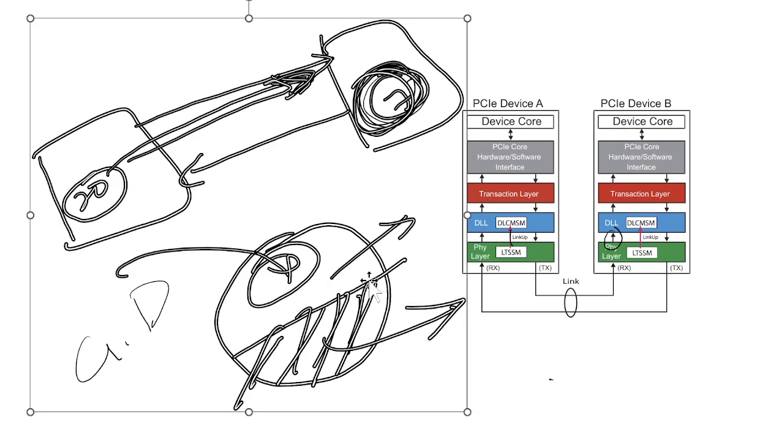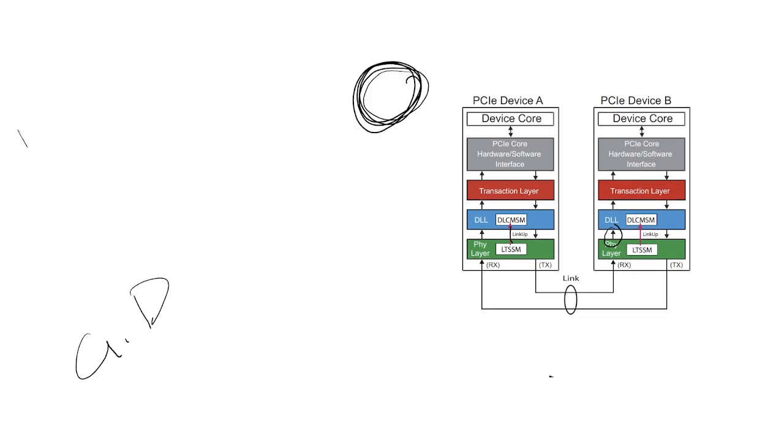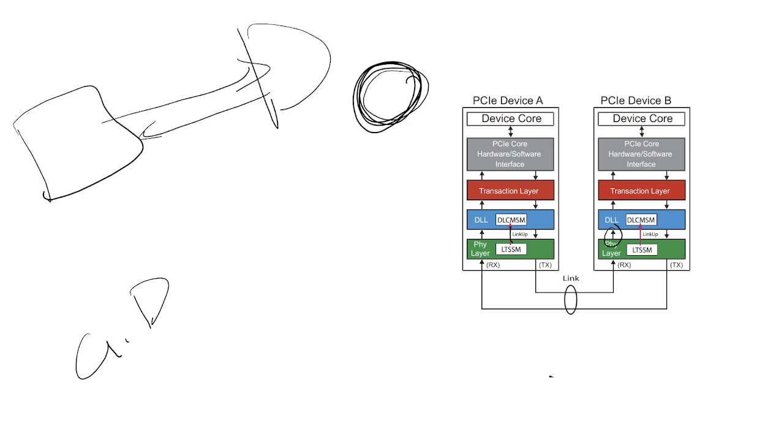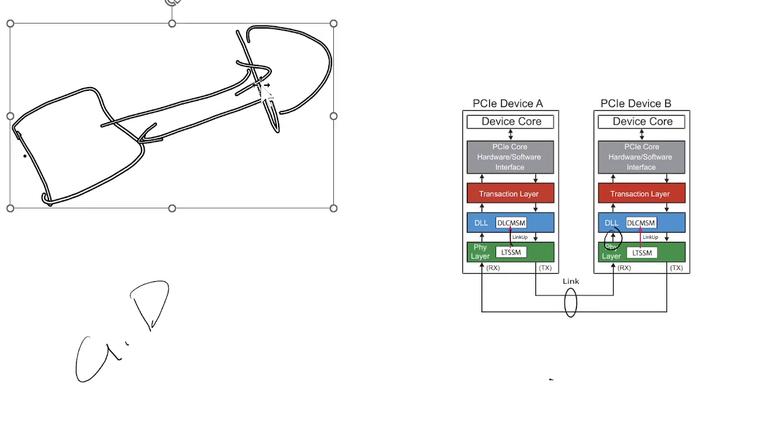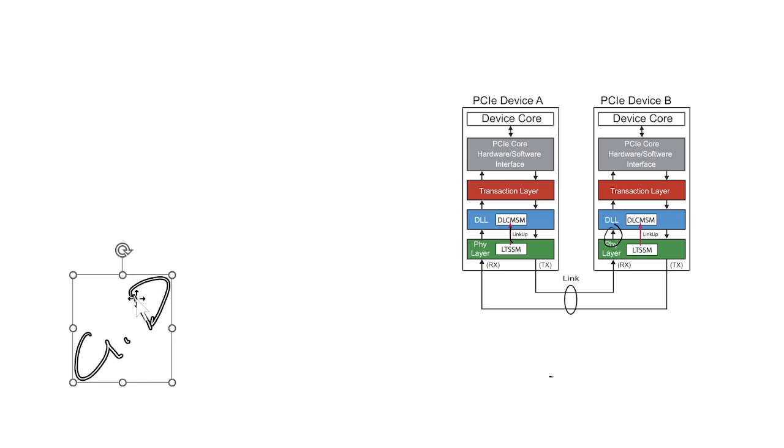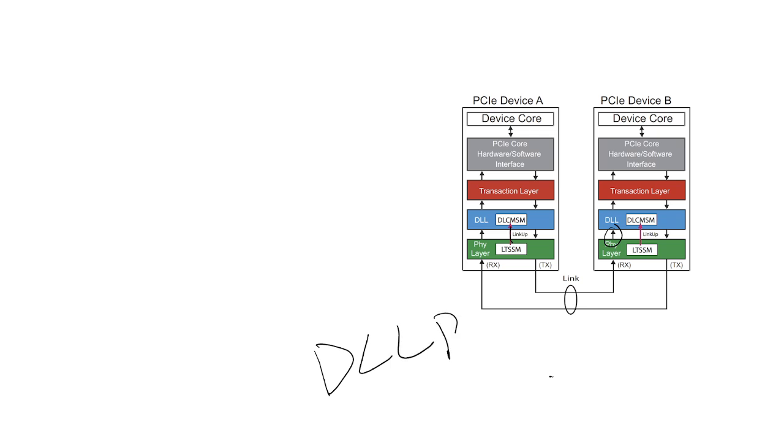Same scenario here. Whatever packets you are sending from the transmitter to receiver, you should know the receiver's acceptance and capability. This is done in the data link layer by sending its own packets, which we call DLLPs, data link layer packets. By using these packets, we know what space is available on the receiver side and what specifications are available in the receiver.